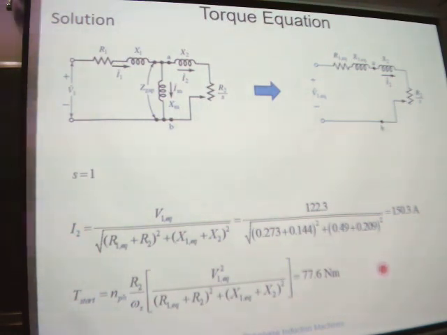And we also can get the starting time. The slip is 1. So we can calculate I2 at this time. So it is 150.